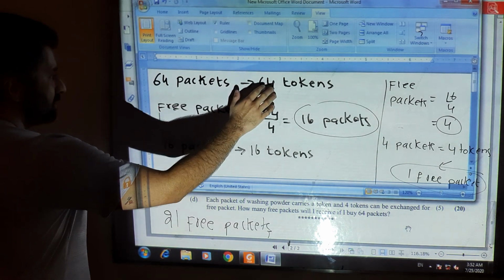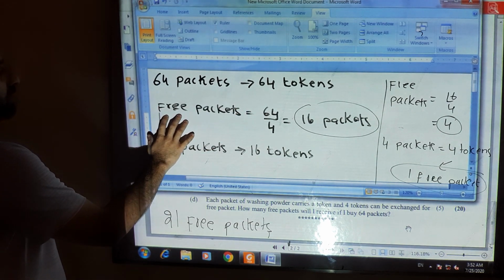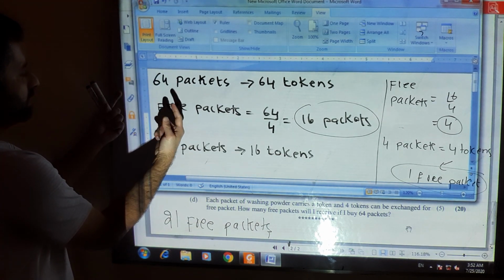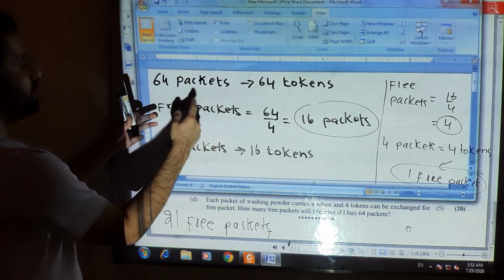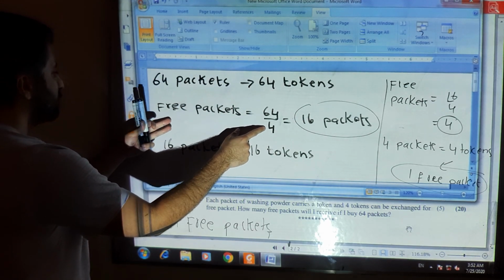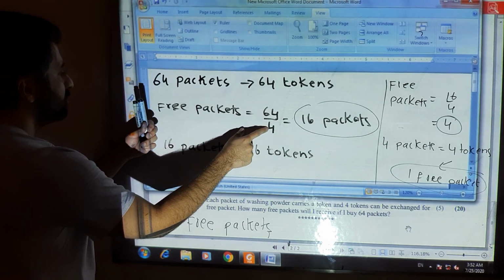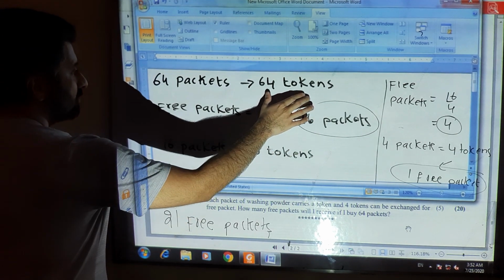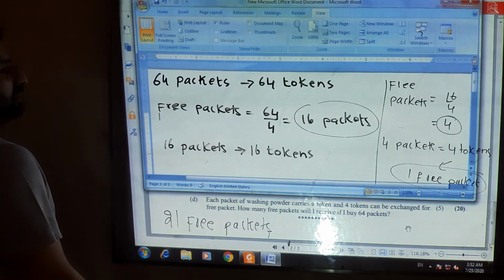For 64 tokens, how many free packets can you have? You give 4 tokens, you get 1 free packet. So 64 tokens divided by 4, because for every 4 tokens you get 1 packet. So 64 divided by 4 gives you 16 free packets.